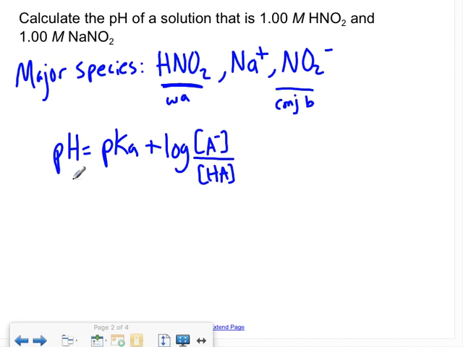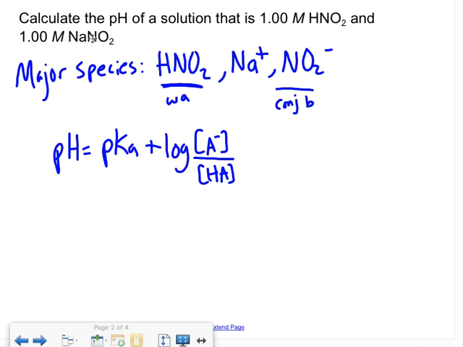And what this really is would be if you did the ice table for HNO2 in equilibrium with H plus and NO2-, and you had your initial concentration of HNO2 and your initial concentration of NO2-, and then you assumed that the equilibrium concentration, like 1 minus x or 1 plus x, was just equivalent to 1, or the idea that the minus x part of the molarity goes away.